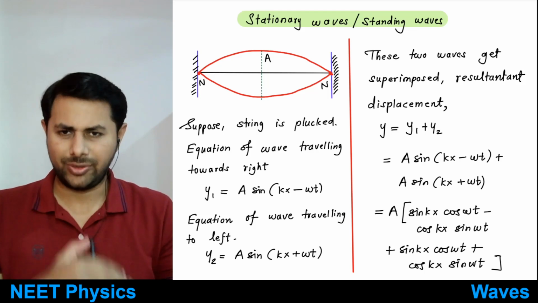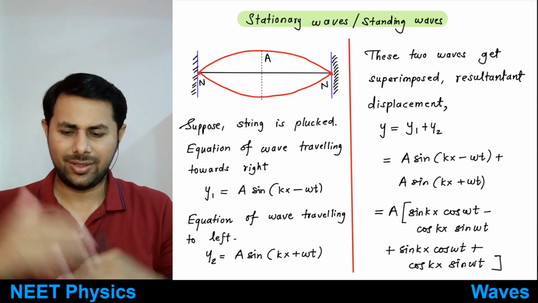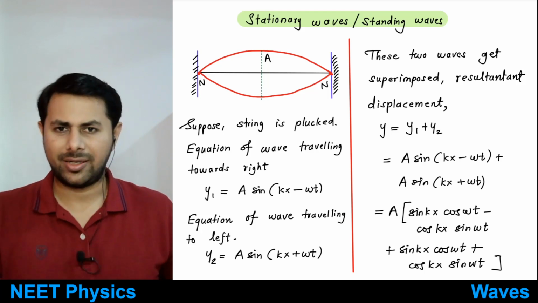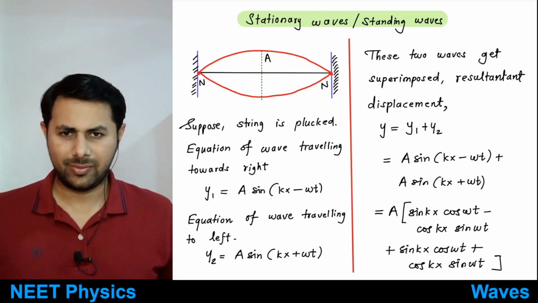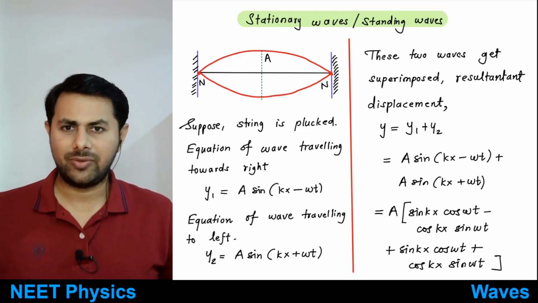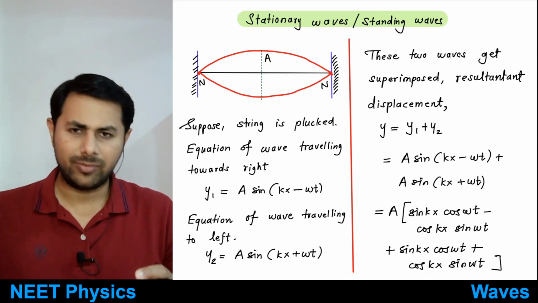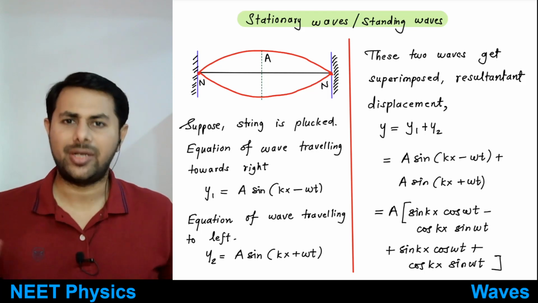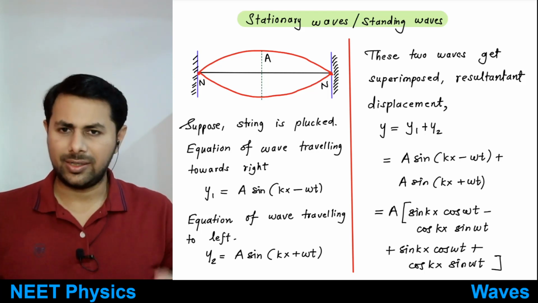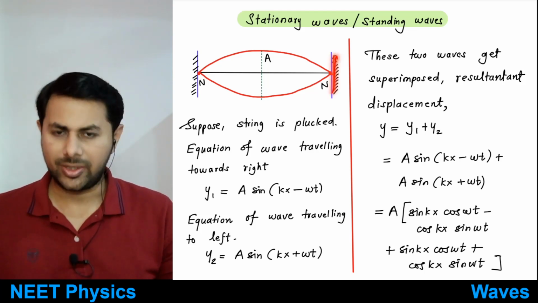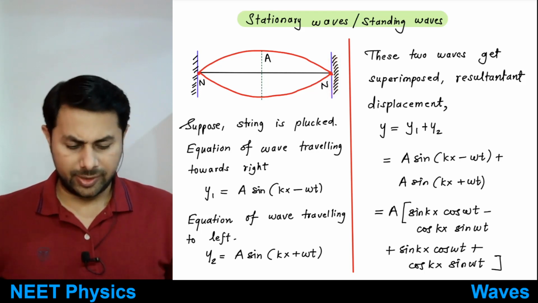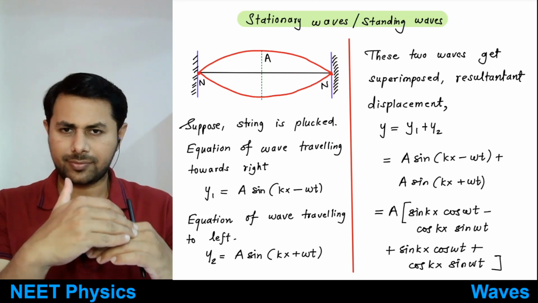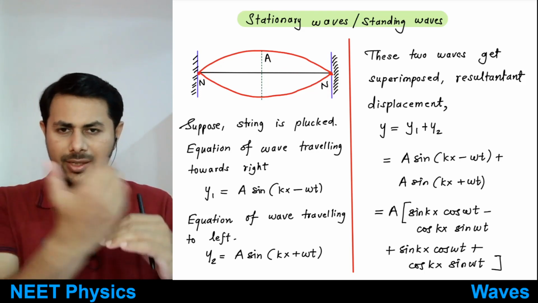They superimpose on each other, and that's why some pattern of waves is formed. So what is a stationary wave? A wave moving from left to right strikes a denser medium. There can be a rarer medium too, but suppose these are denser media. This wave moves along the string towards the right and gets reflected.